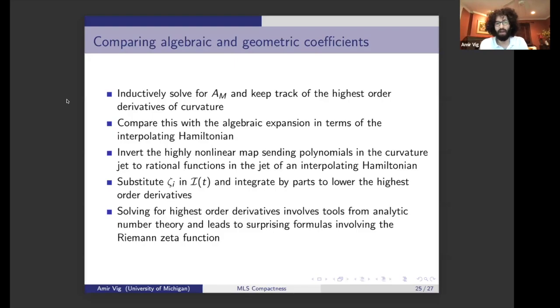And at the end, at least I was completely surprised that there was some connection with the Riemann zeta function. The Riemann zeta function evaluated at the even integers appears in the coefficients of the highest order derivatives. And in fact, I went back and checked this against I1 through I4, and it's really the case, which is a complete miracle to me.